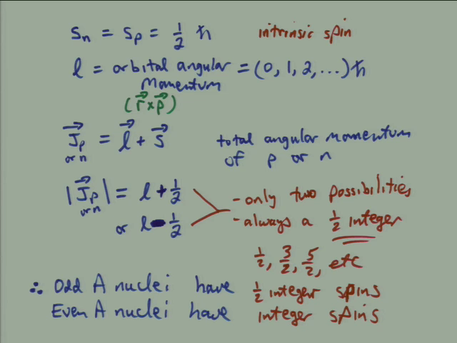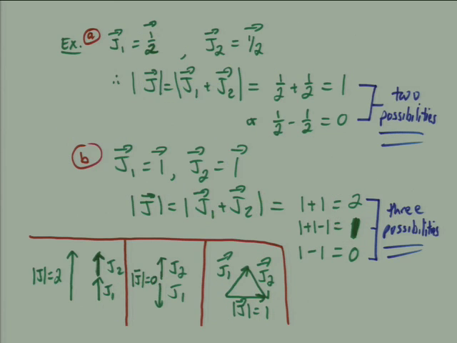And as a result, what that tells you right away is if I have an odd A nucleus, then the spin of that thing has to be a half integer multiple of h bar. It can't be an integer, because I've got an odd number. And similarly, for an even A nucleus, it's got to have an integer spin. 0, 1, 2, whatever, but not 7 halves, not for an even A nucleus. Okay, and just some examples.